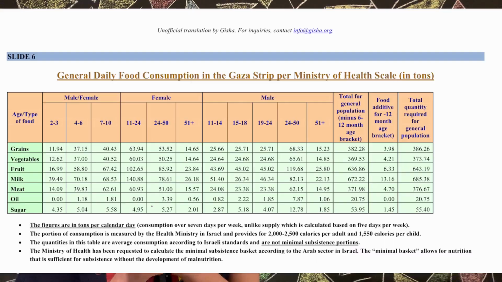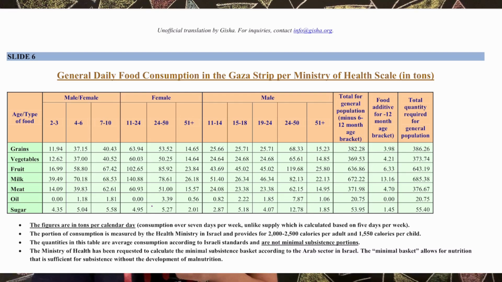A few slides later, we find a preliminary calculation of food allowances for a range of gender and age categories. There is this table listing exactly how much grain, vegetables, fruits, milk, meats, oil, and sugar might be required.